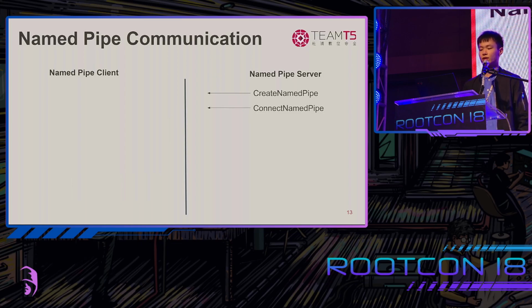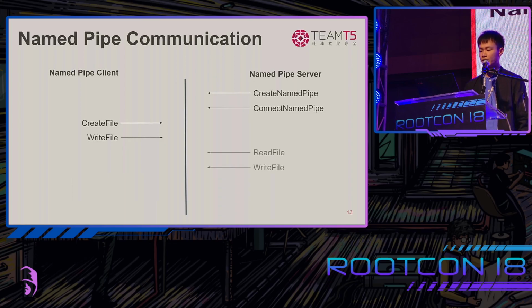It then waits for a client to connect using ConnectNamedPipe. The named pipe client process connects to the server by using the Windows API CreateFile, where the file name corresponds to the named pipe's name. Data is written to the other end using the Windows API WriteFile, just like file operations.